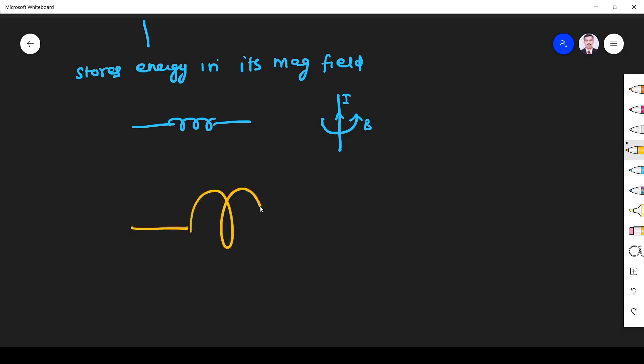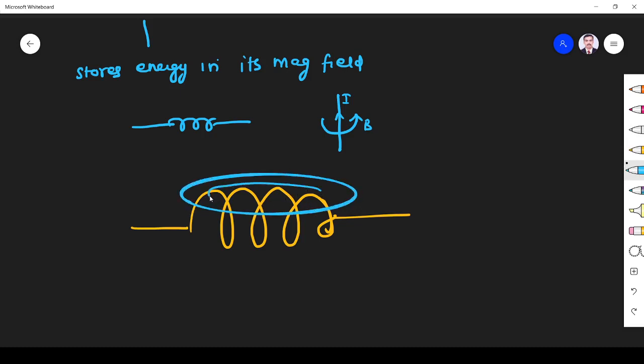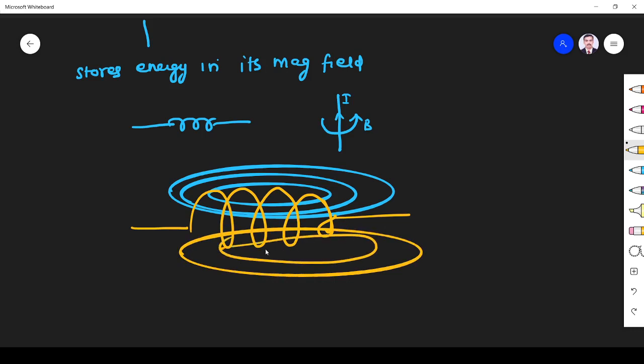When current flows through more coils, it will develop a strong magnetic field like this. So more current flowing through more turns means more magnetic field is produced.